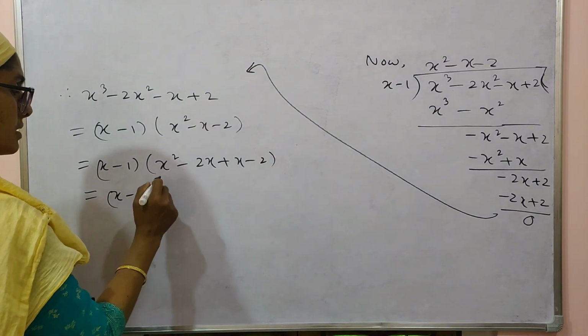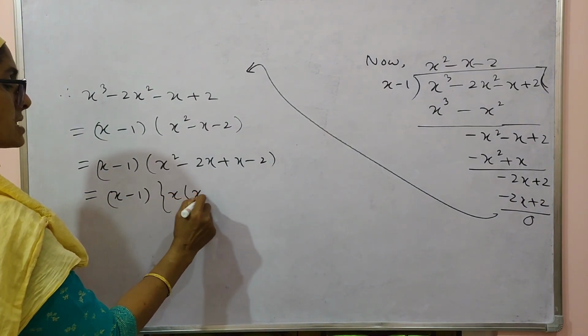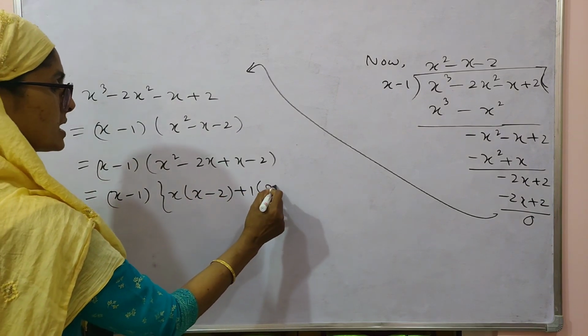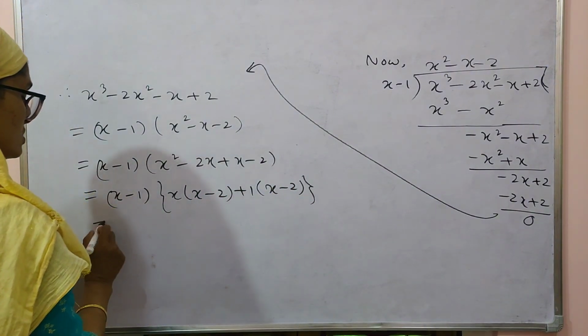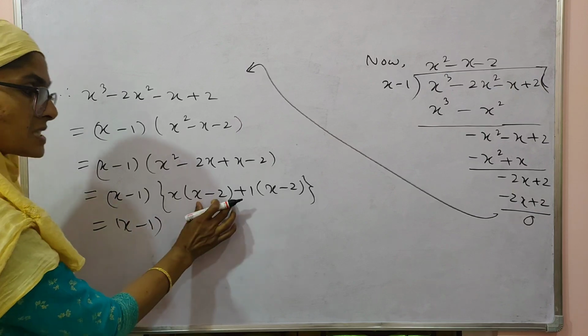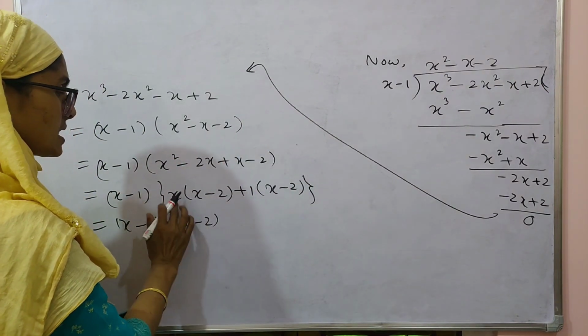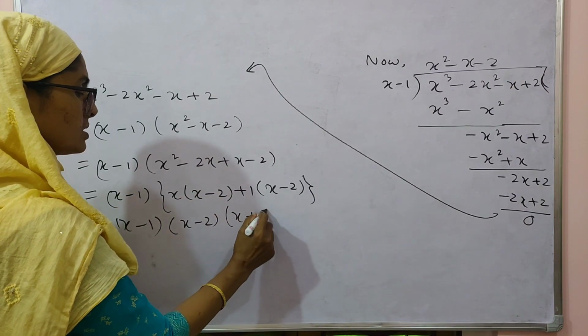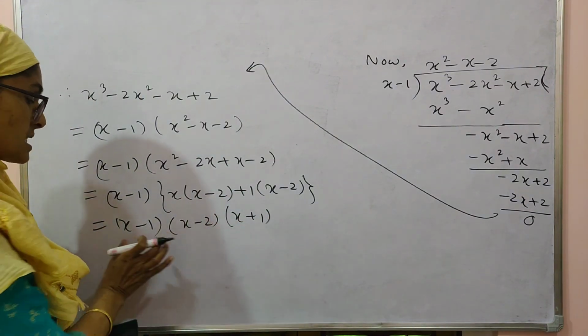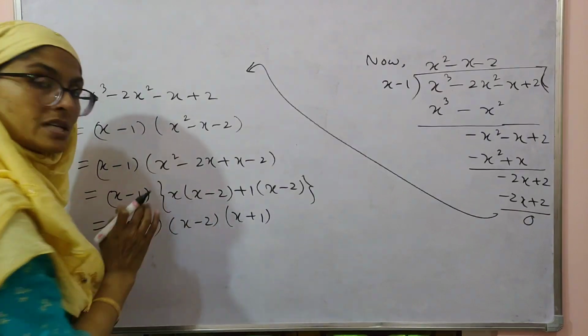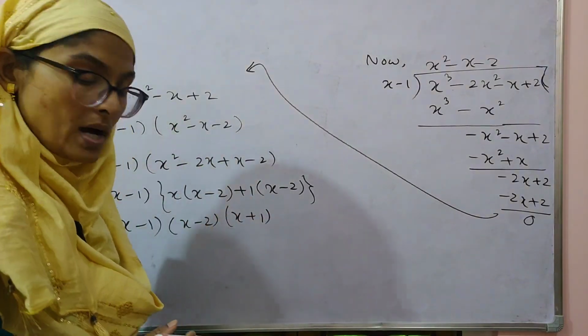X minus 1, now take common x minus 2 in the first two terms, plus 1 into x minus 2. Again take common x minus 2, you will get x plus 1. So these are the factors: one factor is x minus 1, another is x minus 2, another is x plus 1.